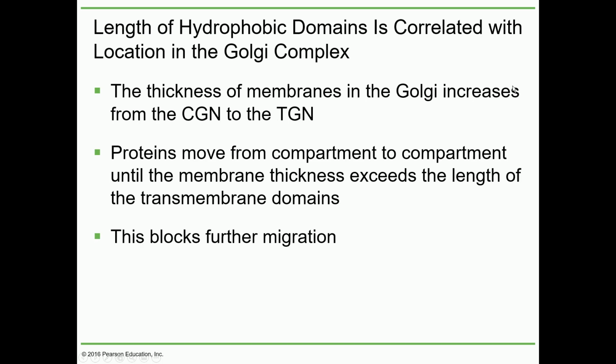So as we go from the CGN to the medial cisternae to the TGN, the thickness of the membranes increases. The proteins move from compartment to compartment until the membrane thickness exceeds the length of the transmembrane domain. Once that happens, this blocks the migration and the protein gets embedded there.